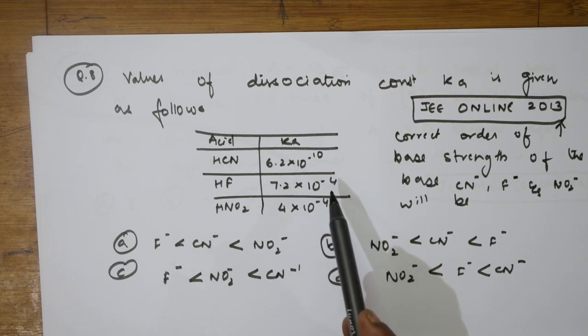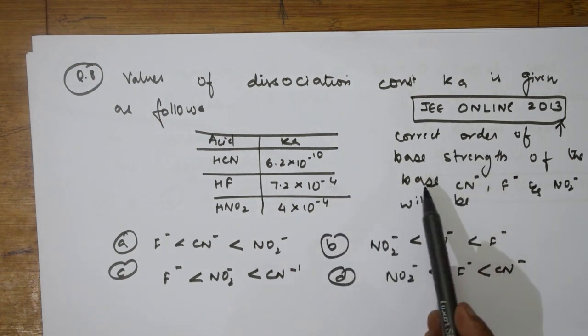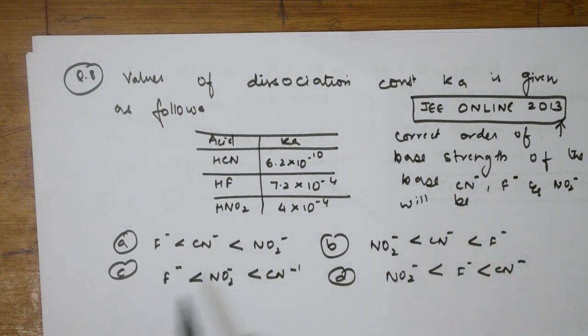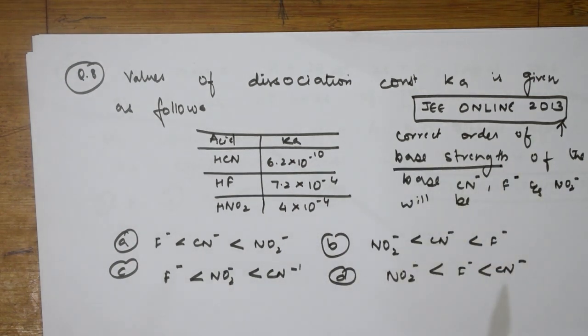So now the correct order of the basic strength of the bases CN minus, F minus and NO2 minus will be. They've given us option A, B, C and D. I need to find the correct order of the basic strength. You have such questions in inorganic chemistry also, find the increasing order, decreasing order, and all this.